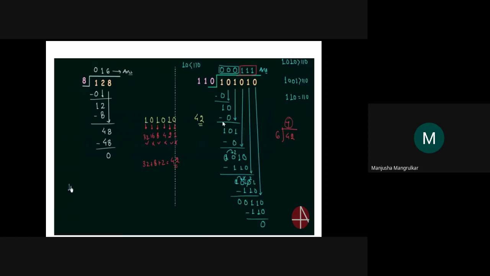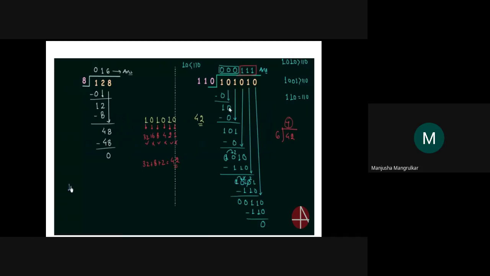Suppose your number is 101010 divided by 110. First we take 1. Obviously the divisor is greater than this, so we cannot do the division with the 1. So 1 minus 0 is 1.